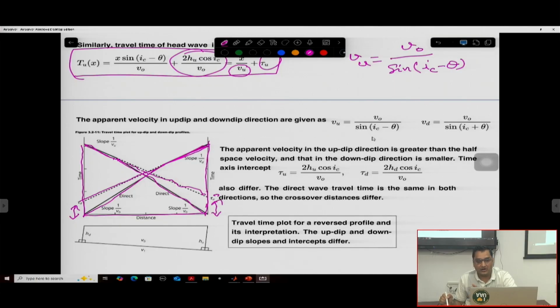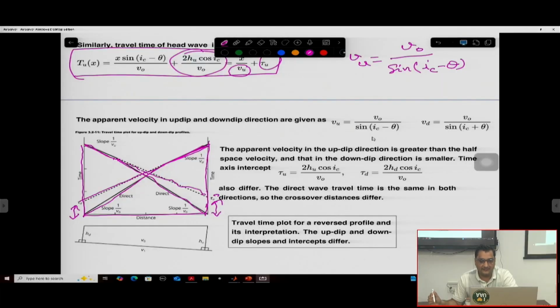So tau u and tau d, do you think both are the same or different? First of all, tell me which one is more, Vu or Vd? Vu will be more, because it is V naught by sine of Ic minus theta, and V naught by sine of Ic plus theta. So in the up dip direction, the apparent velocity will be greater than in the down dip direction, right?